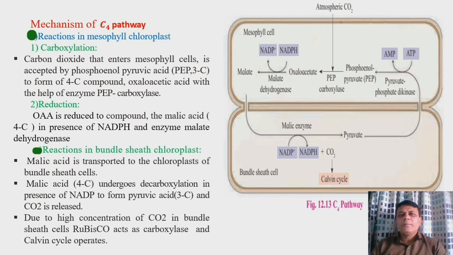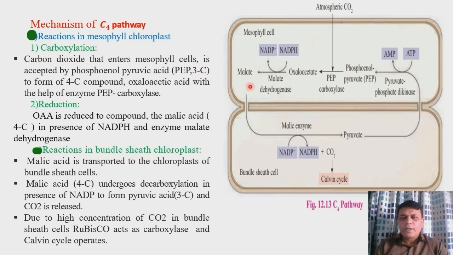Now we will see the mechanism of C4 pathway, or it is called as Hatch-Slack pathway. Now the reactions in C4 pathway occur at two different places. That means initially the reaction occurs in the chloroplast of mesophyll cell, and then the reactions occur in the chloroplast of bundle sheath cell.